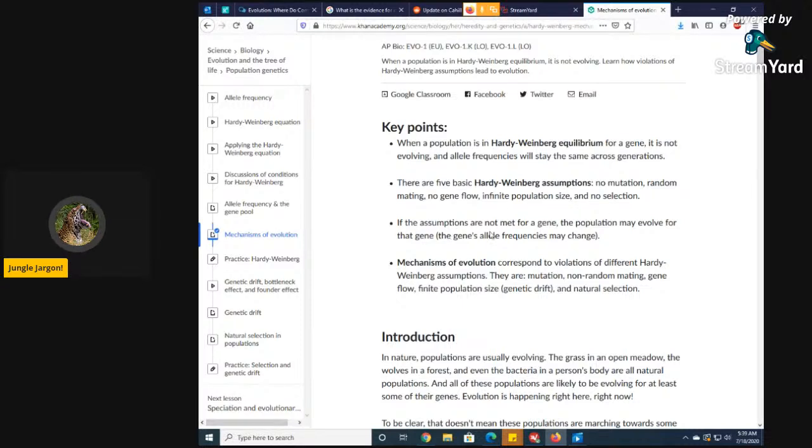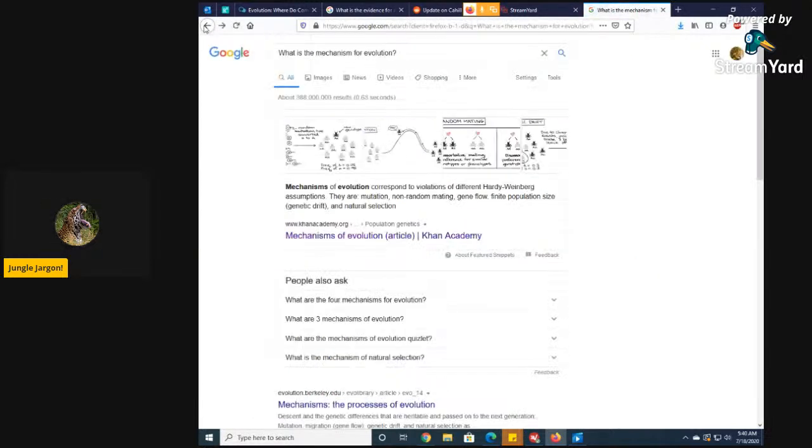If the assumptions are not met for a gene, the population may evolve for that gene. Okay, the other one is, hold on a second, let me see. Okay, so this is the opposite. Mutation, non-random mating, gene flow, finite population size, genetic drift, and natural selection. So I get that straight.